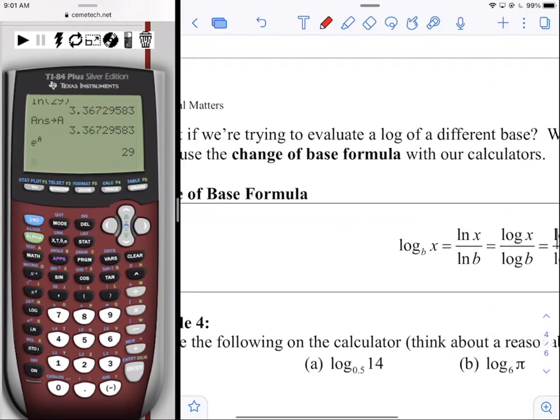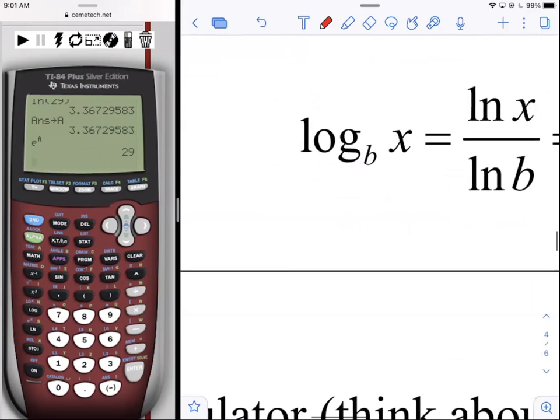Okay. So here's what we do. There's something called the change of base formula. And here's what it says in general. Log base b of x, for any legal base, between 0 and 1 or greater than 1, you can rewrite it in terms of any base you want. We're going to write it in terms of base e because that's the one that we're going to start trying to use.